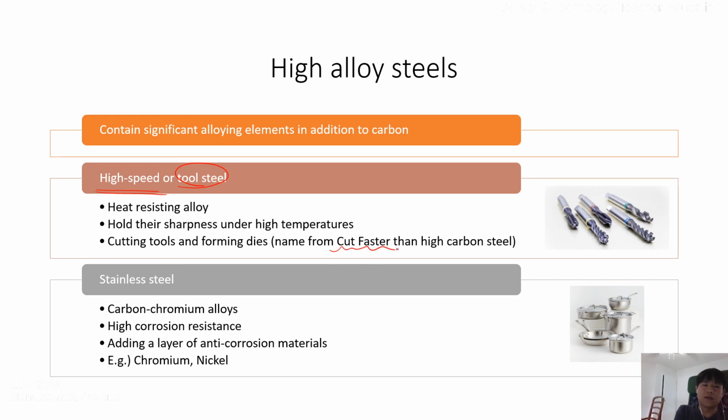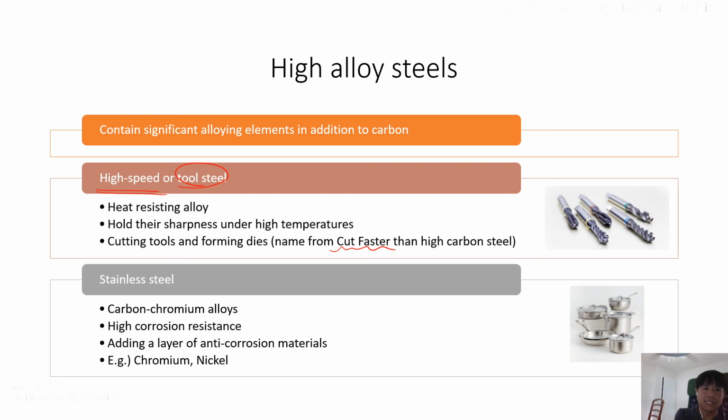When people made a product with this metal, it cut faster than high carbon steel, and that's why they named it high speed steel. It also has a higher amount of carbon than other steel products.